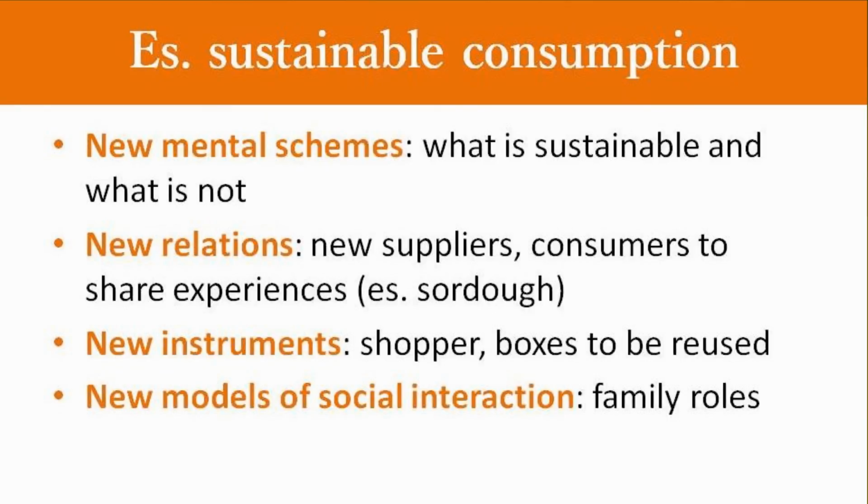In sustainable consumption, we have new mental schemes that say what is sustainable and what is not, new relations, for example, new suppliers, consumers that share experiences, a new instrument, for example, the shopper, the boxes to be reused, or new models of social interaction, for example, new family roles.